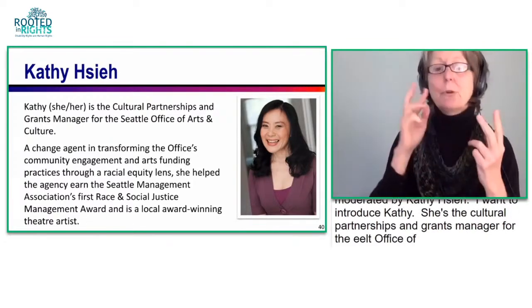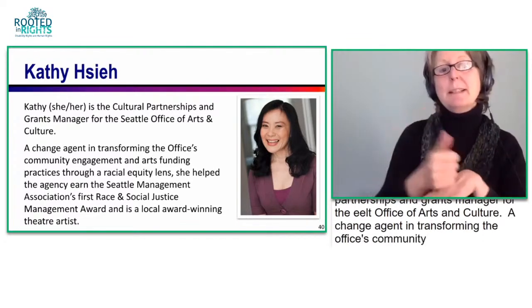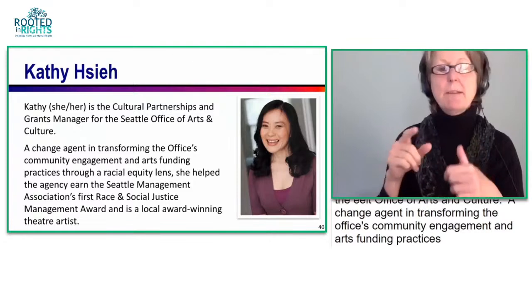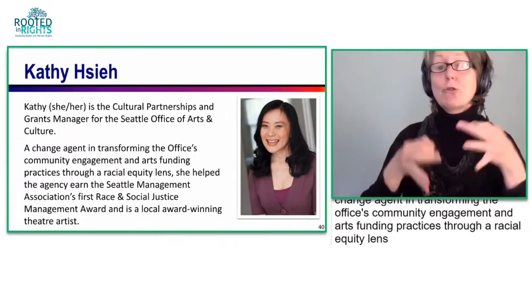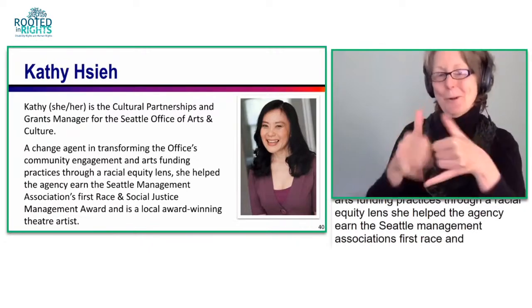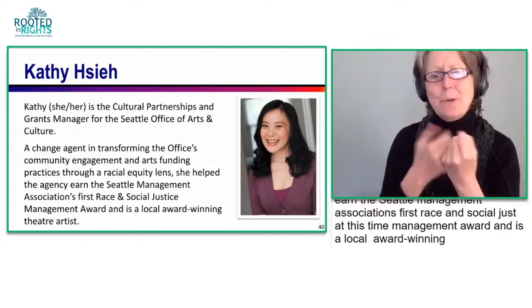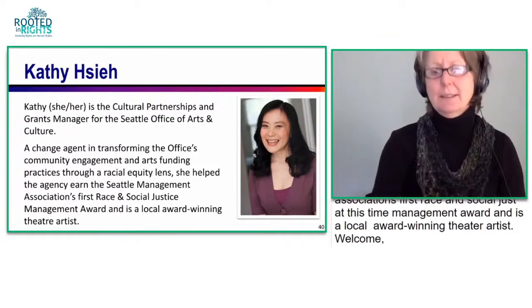She helped the agency earn the Seattle Management Association's first Race and Social Justice Management Award and is a local award-winning theater artist. Welcome, Cathy, and thank you so much for your staunch support of the Seattle Cultural Accessibility Consortium.